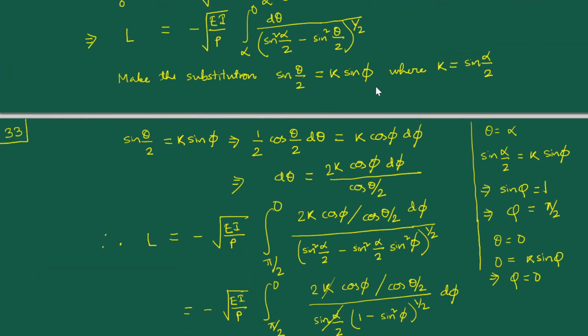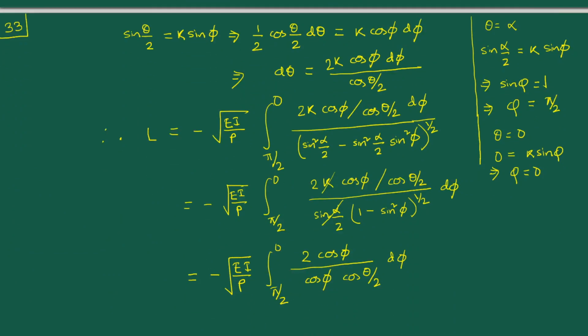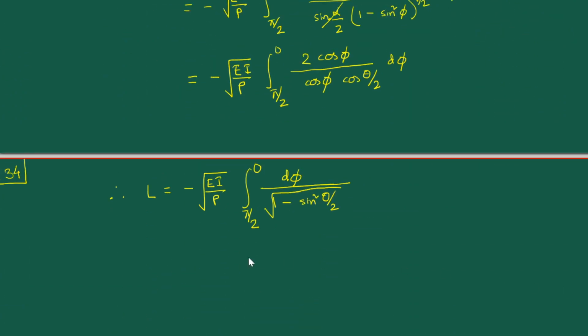Sine theta by 2 is equal to k sine phi. So this we can write ultimately as 1 minus k square sine square phi with the square root.